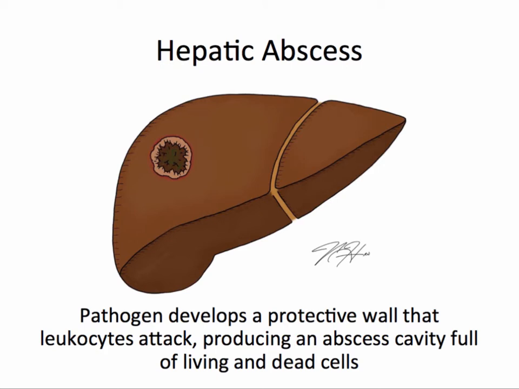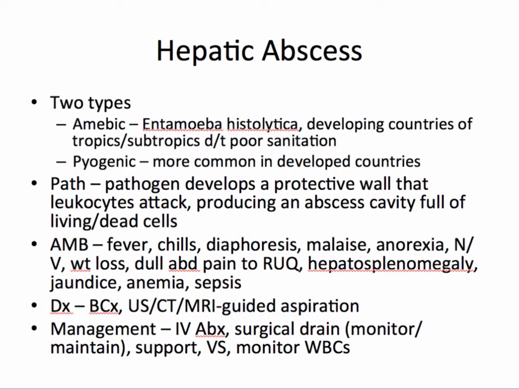Hepatic abscesses occur when a pathogen develops a protective wall that leukocytes attack. This produces an abscess cavity full of living and dead cells. Hepatic abscesses are manifested by fever, chills, diaphoresis, malaise, anorexia, nausea and vomiting, weight loss, dull abdominal pain to the right upper quadrant, hepatosplenomegaly, jaundice, anemia, and sepsis.